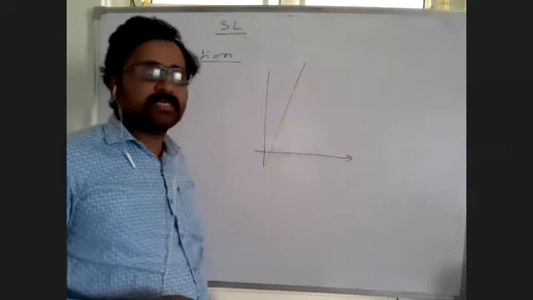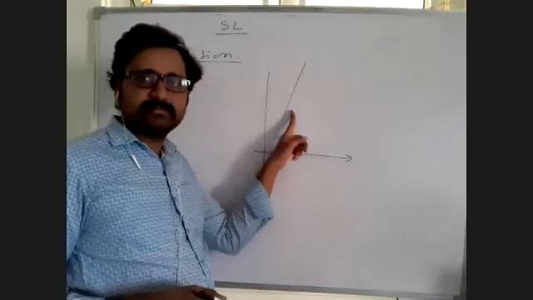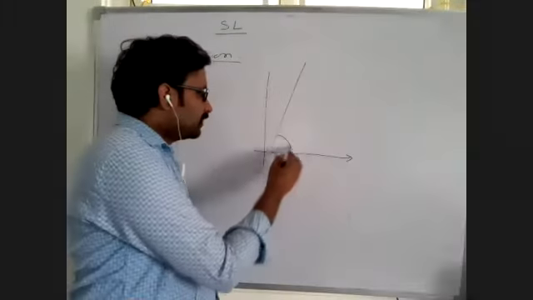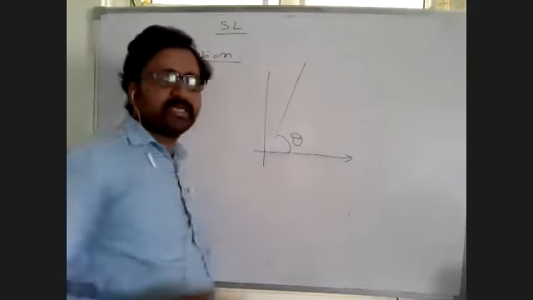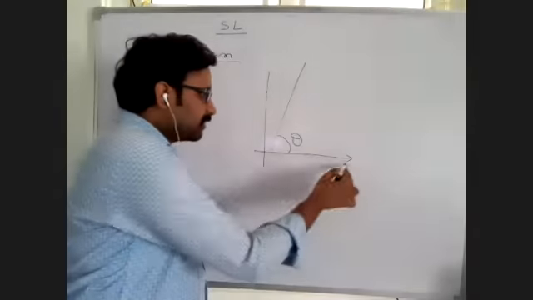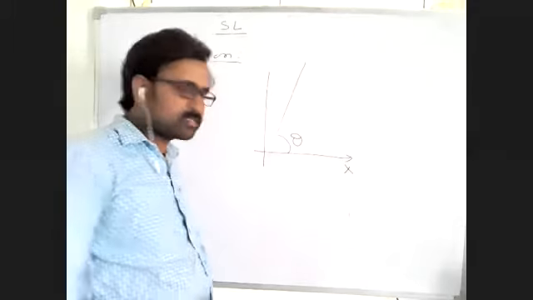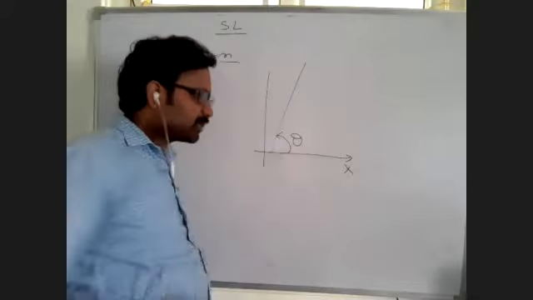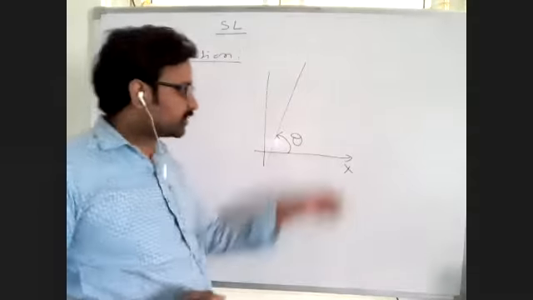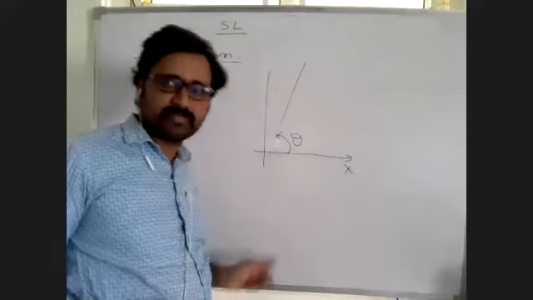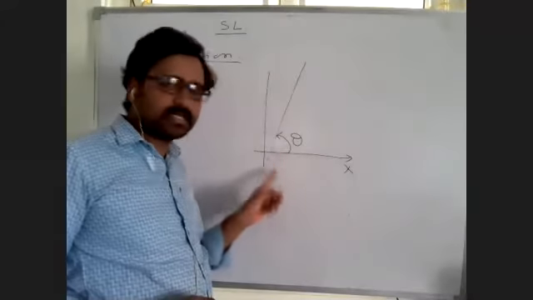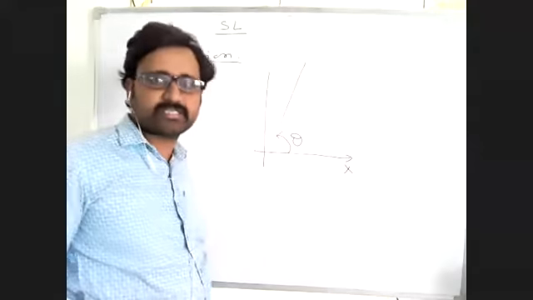Now a non-vertical line making some angle theta with the x-axis in the positive direction, that is the anti-clockwise direction. This is clockwise, this is anti-clockwise. In the positive direction, that is only the anti-clockwise direction.